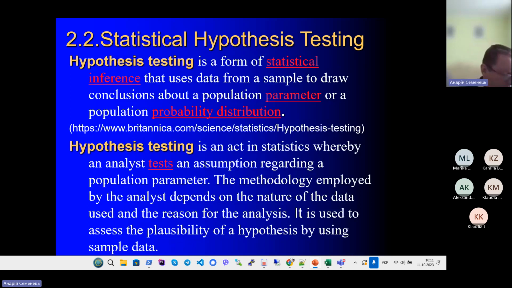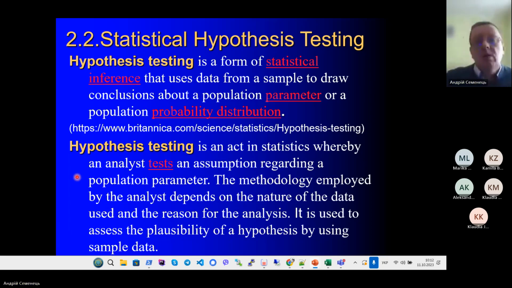And based on distribution type and descriptive statistics features, we can start to deal with statistical hypothesis testing, a kind of statistical inference that uses data from a sample to draw conclusions about population parameters or population probability distribution. It is an act in statistics whereby we test an assumption regarding population parameters.